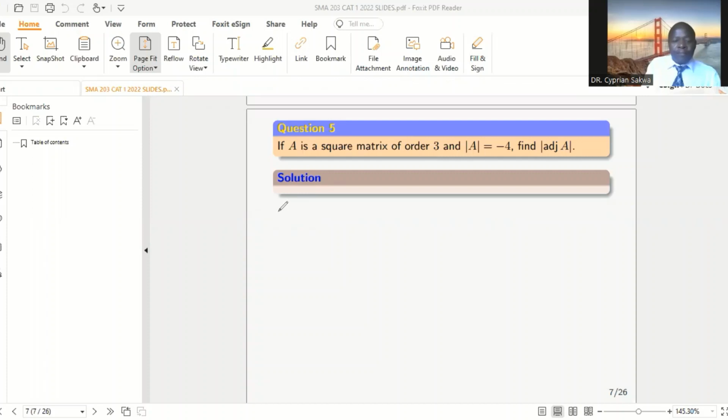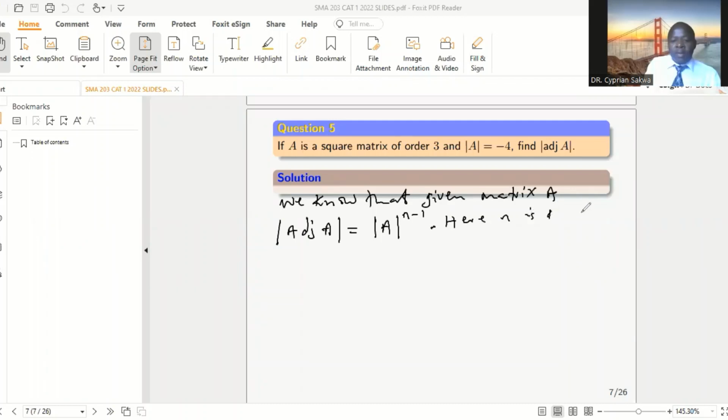We know that, given matrix A, the determinant of the adjoint of A will be given by the determinant of A raised to n minus 1. Here, n is the order of the matrix A.